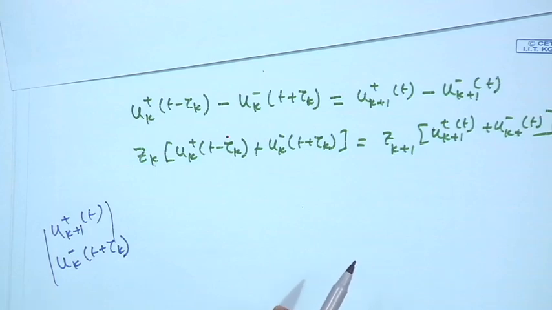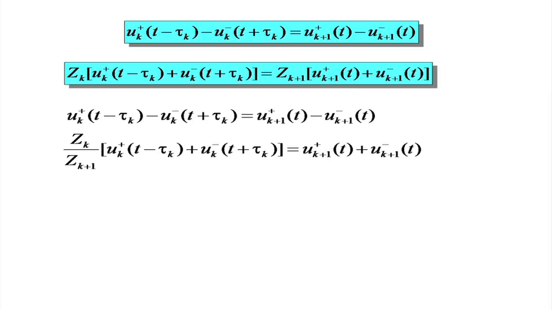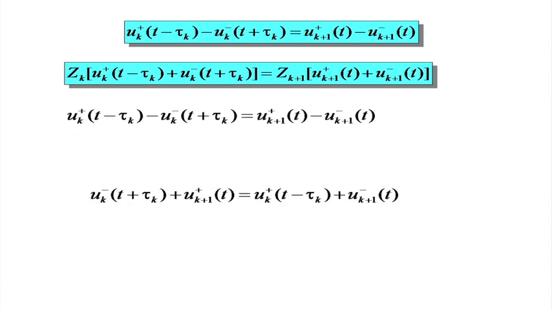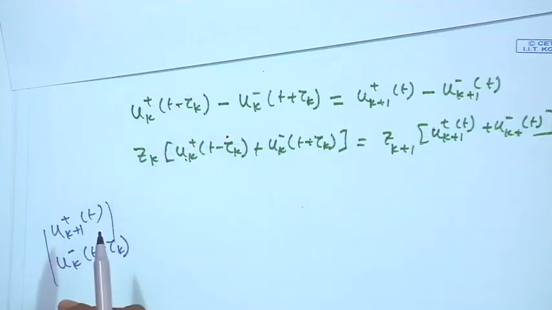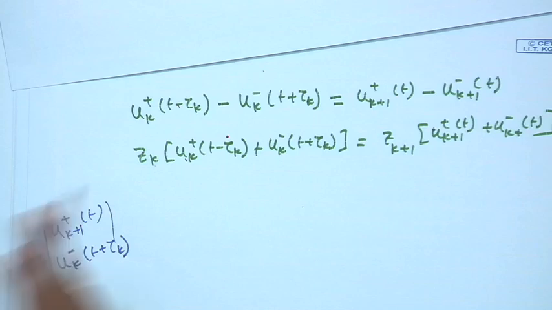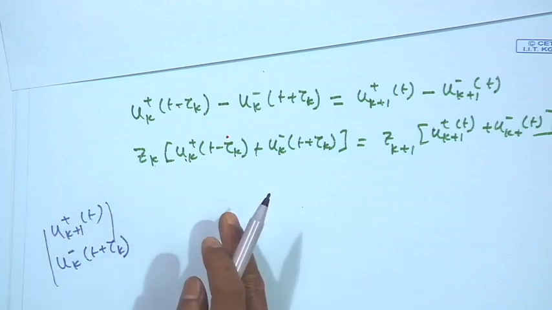Okay. Now, if I take this one, then using these two equations I can find out the expression. I am not deriving it, you can derive it and find out the expression.